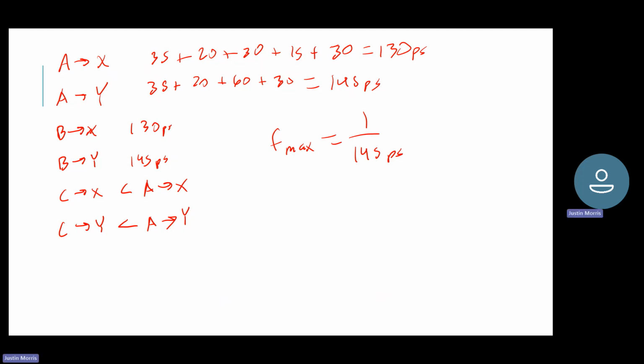Because if we have this as our cycle time, our equation is that our cycle time is greater than or equal to TPCQ, propagation clock to Q, plus our propagation delay, which is this one, plus setup, right? So we need to be greater than or equal to this.